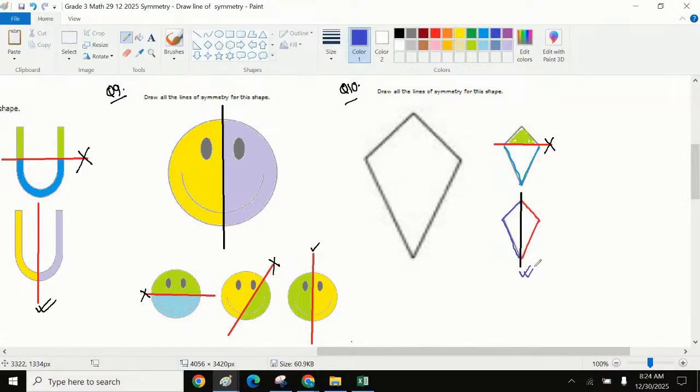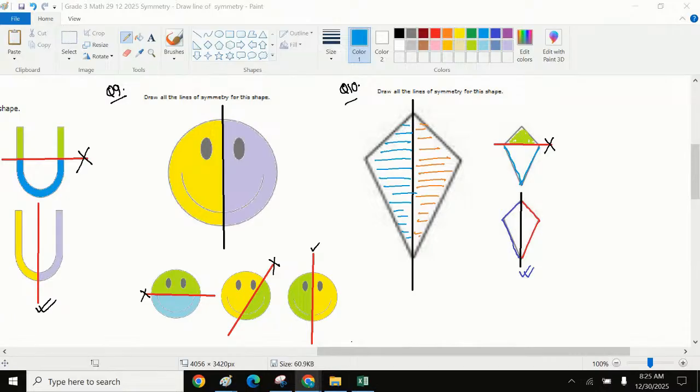Yes, it is, right? So this kite has one line of symmetry where the shape on the right side of the image is an exact copy of the shape on the left side. That means a kite would always have one line of symmetry.